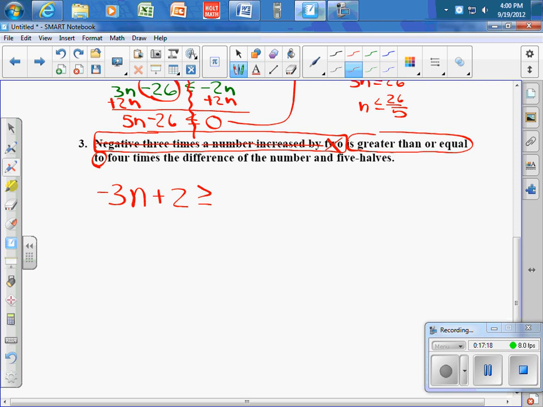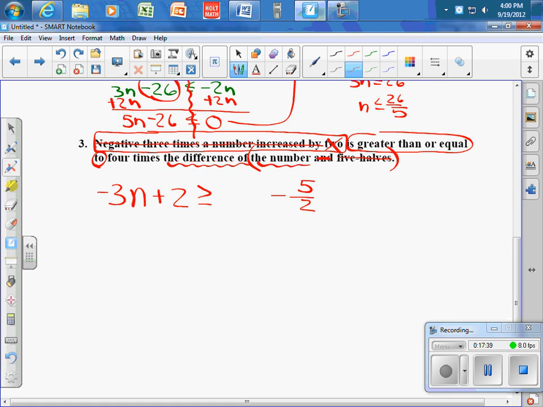Now 4 times the difference of a number and 5 halves. All right, 5 halves is the fraction 5 over 2. The difference of means I'm going to be using a minus sign. And whatever comes after the difference of is going to go in parentheses.